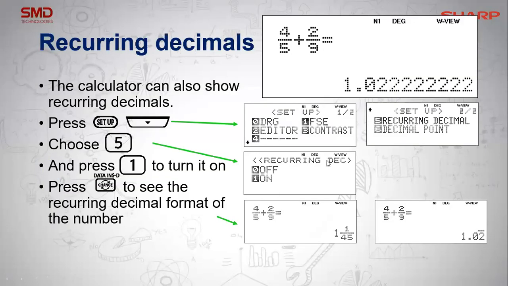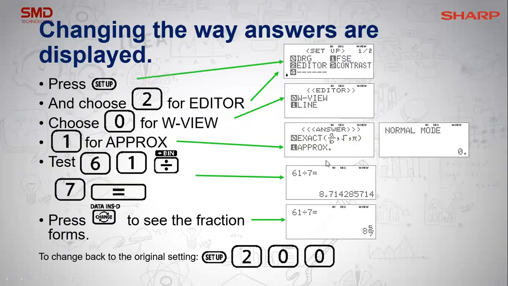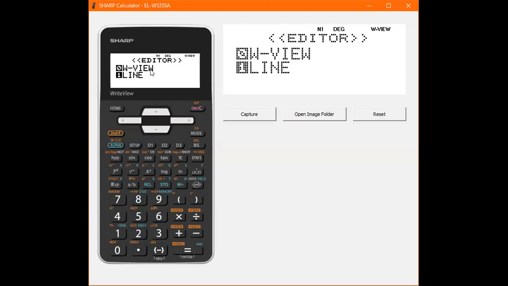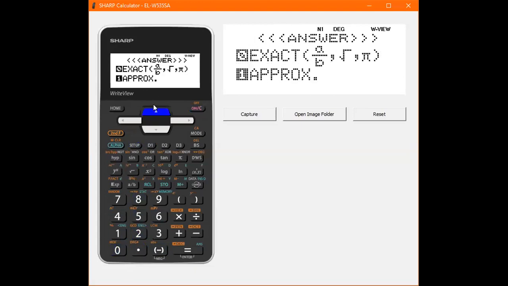Okay. Now we spoke about recurring decimals, so I'm not going to go any further than that. But I often get asked, can we change the way that our answer looks on the calculator? So the answer to that is yes, you can. To do that, we press setup, we choose 2 for editor, and we choose 0 for write view.